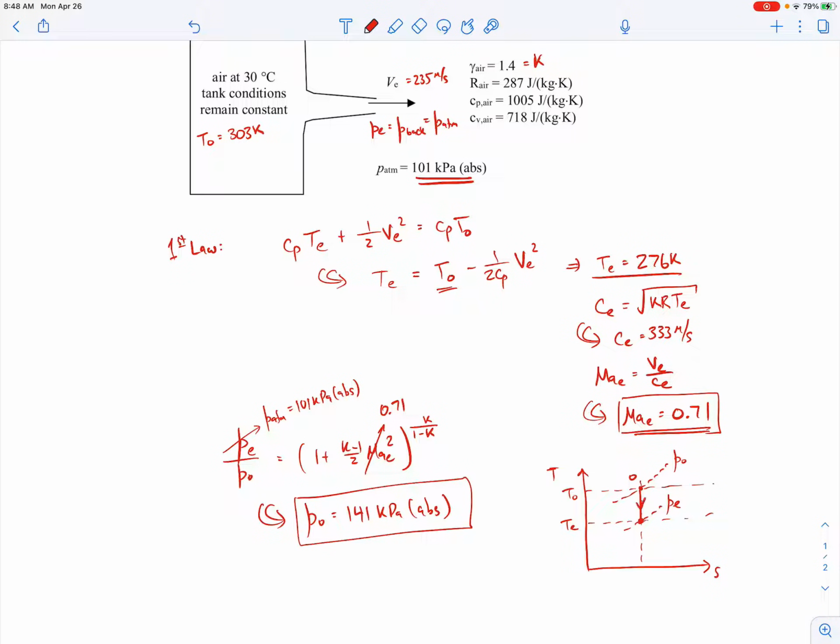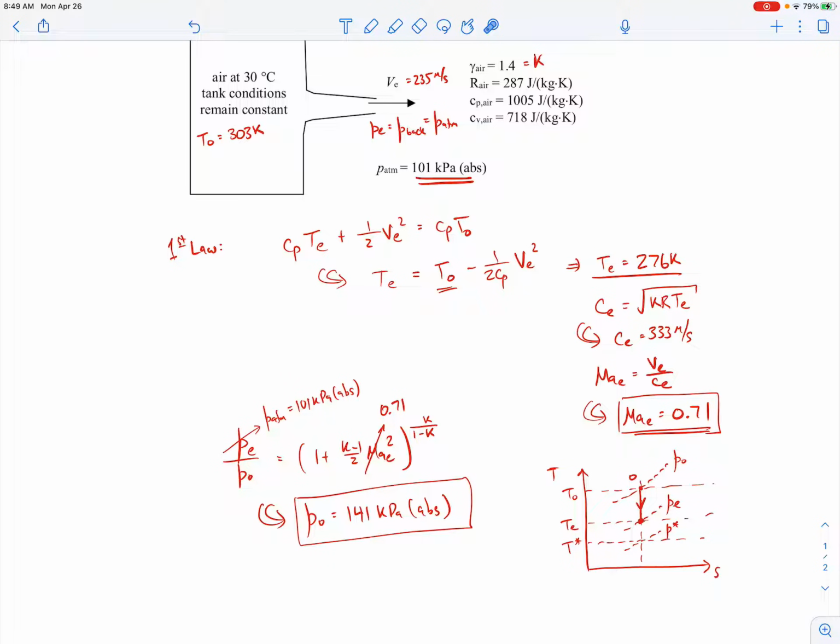So that's what our process looks like. And by the way, we haven't reached sonic conditions. Sonic conditions would be somewhere down here. This would be T star and P star. We haven't dropped the pressure enough to reach sonic conditions. So you can see that we're still subsonic here.